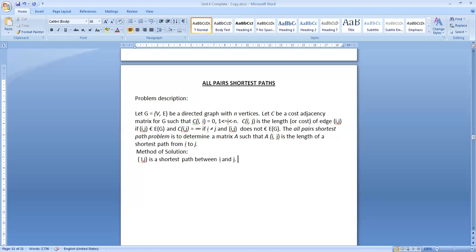When do you call this the shortest path? The path from i to j may pass directly from i to j, or if it is necessary, it may pass through some intermediate vertices. There might be one intermediate vertex or many vertices.